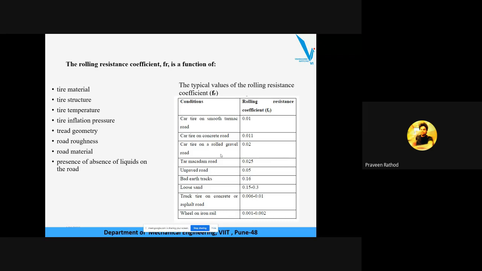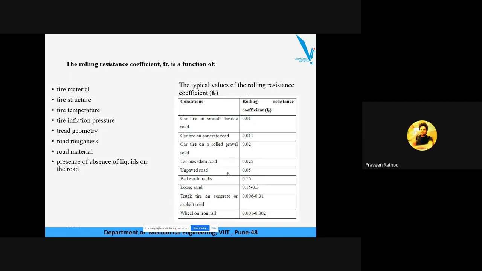So whatever the values given in this table, do not take into account the variation of FR with speed based on the experimental results.